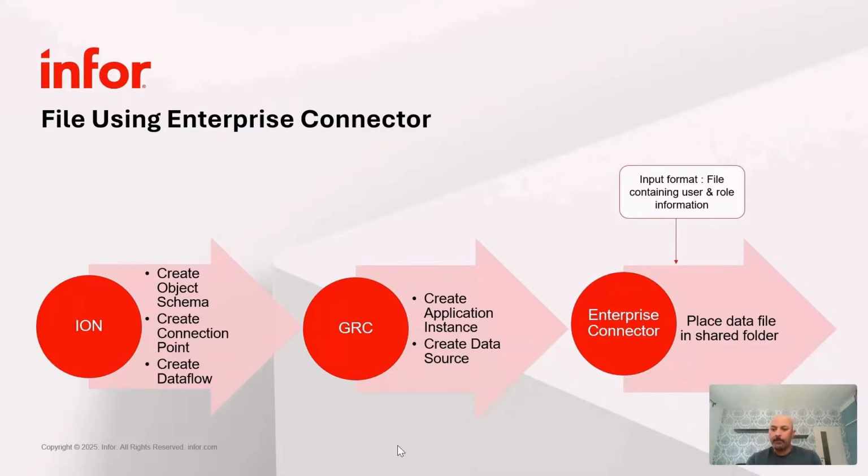So that's the first step, where you create the object schema, then you create a connection point, and then you create a data flow so that the file connector can pick up the file from a particular location and push it to Data Fabric, and from there on, it will be streamed into GRC. Again, I'll show you how this is done. And for that, let me now switch over to one of my applications and I'll show it to you.